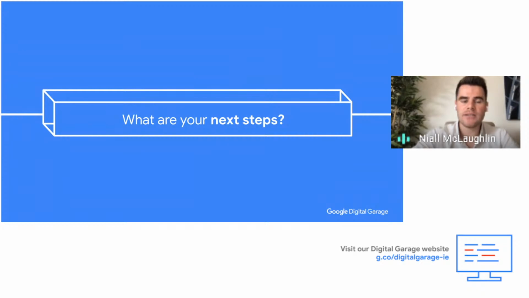So just before I move on to the next steps and how you can continue this learning journey and where you can find out more info, I just want to cover off a couple of my key takeaways.